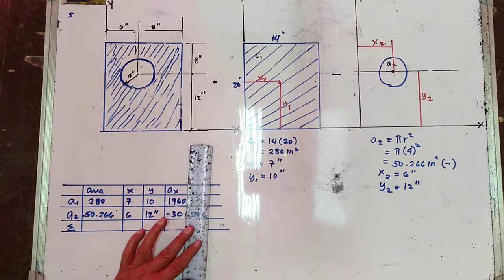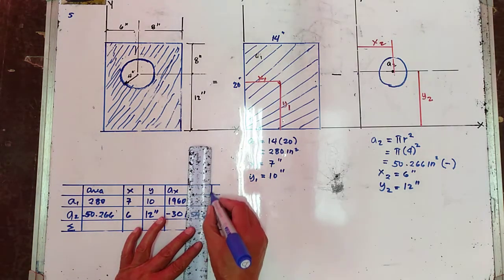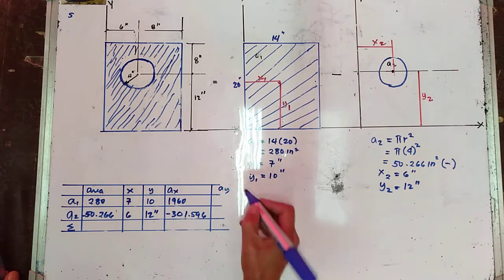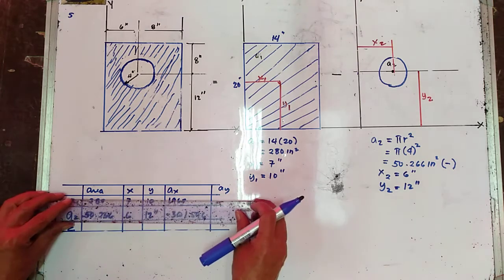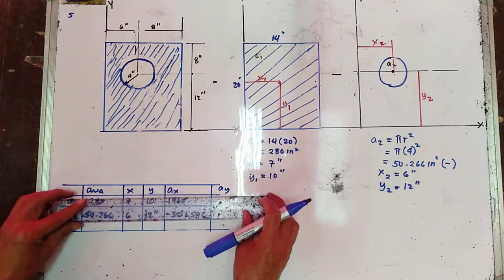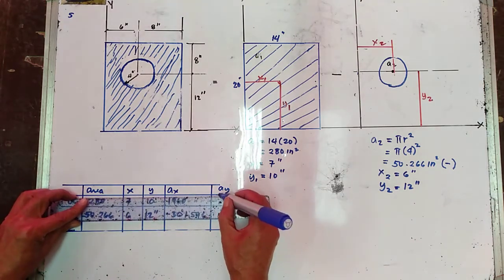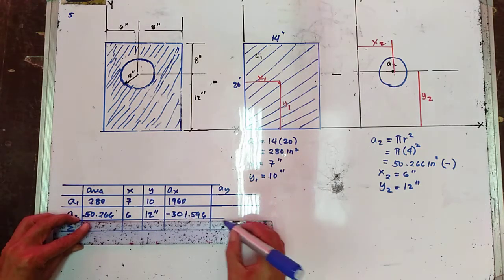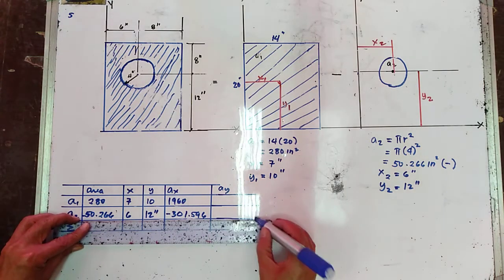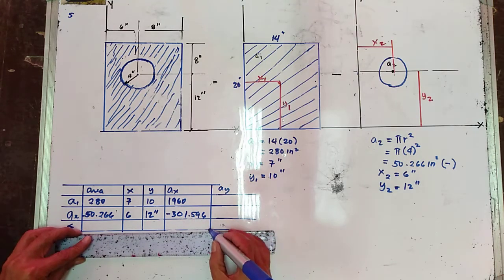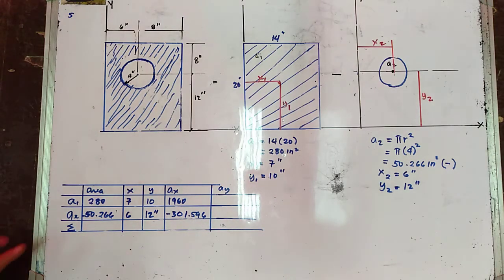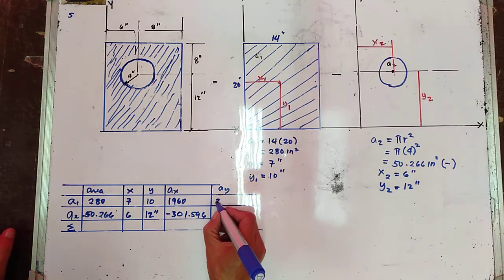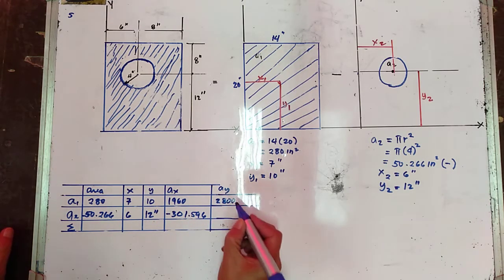And let us determine now your AY. 280 by 10 is 2800.